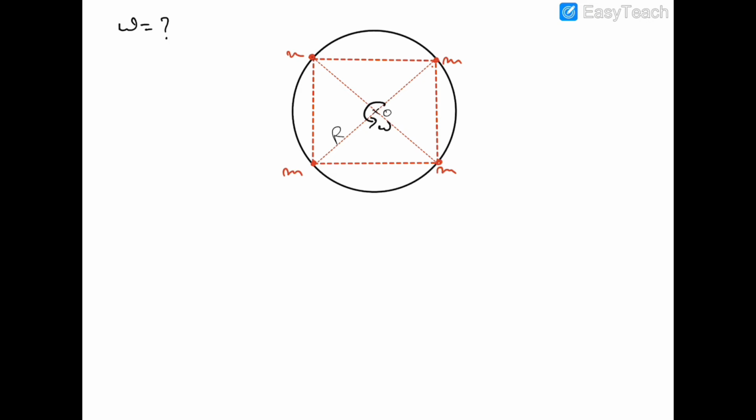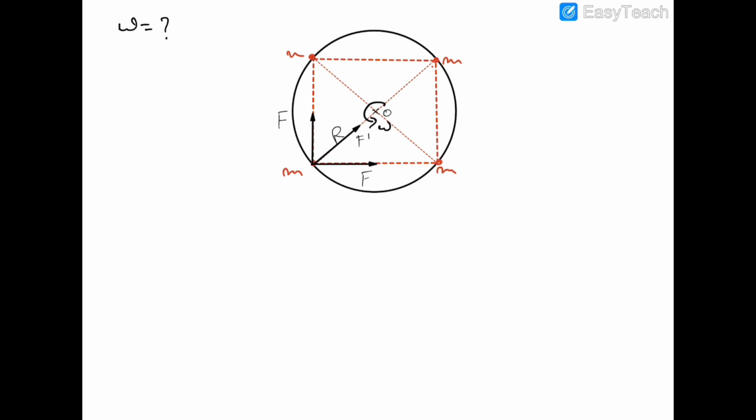So first of all, let us concentrate on any one of the masses and find out the net force acting on it. If we write down the total gravitational force, then this is F, this one is F, and the force applied by the diagonally opposite mass is, let's suppose, F dash.